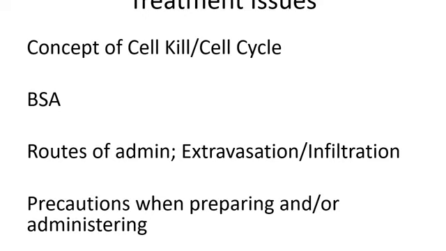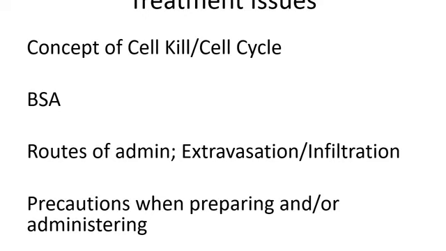We talked about body surface area when we talked about cardiac index. This is how we prescribe chemo based on the patient's body surface area, their height in centimeters, their weight in kilograms. So we have a square meters of body surface, and that is how we dose our patients.